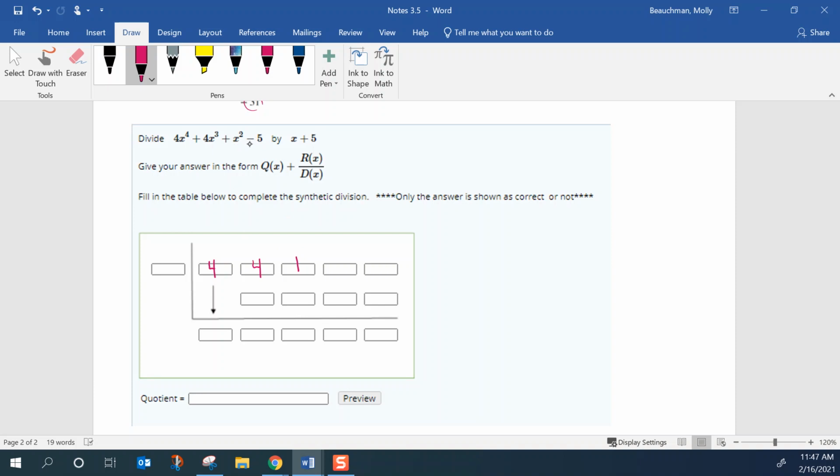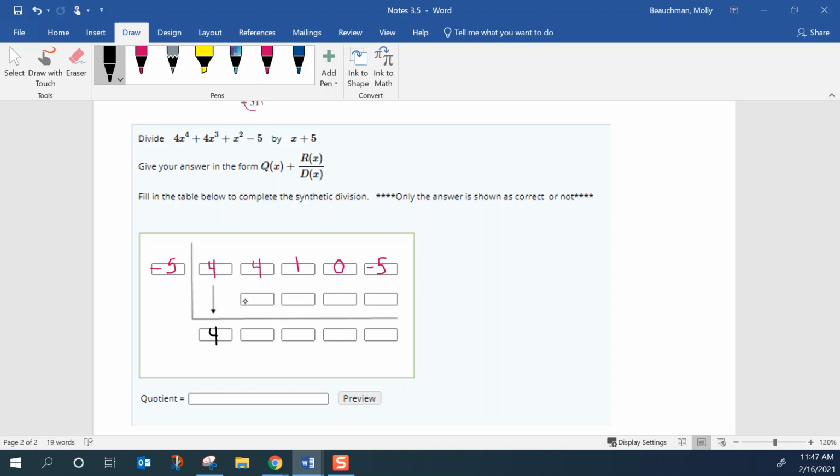There's not an x term, so we have to put a 0 to hold the 0x, and then minus 5. And on the outside, we're dividing by x plus 5, so put the opposite, negative 5, on the outside. Now that's the setup. To carry out synthetic division, carry down the 4.